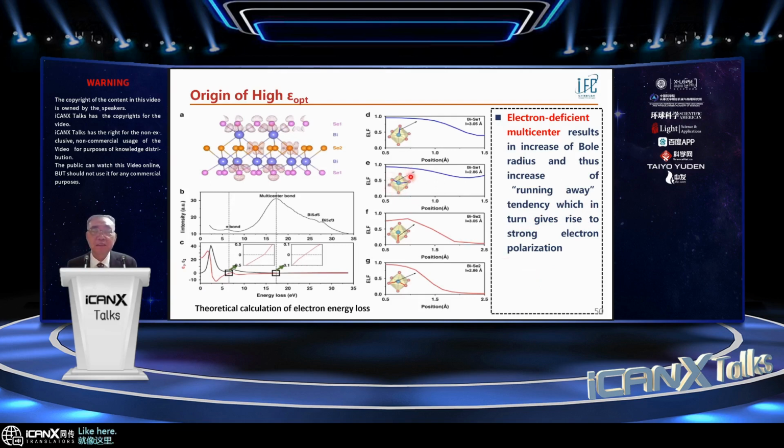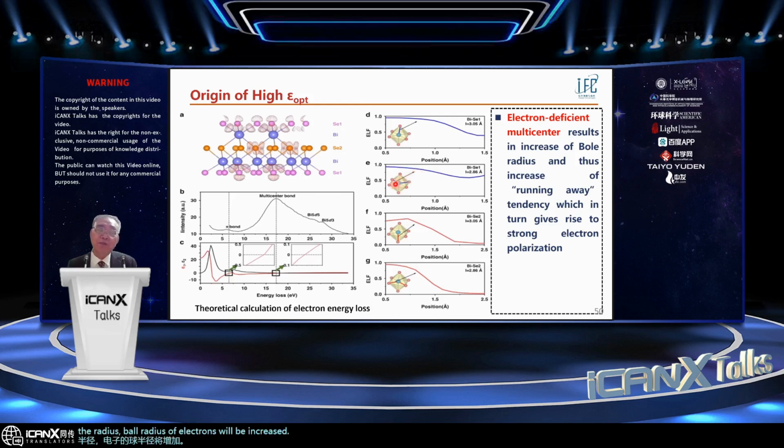Like here, this is an octahedron, and each of these atoms we call a center. But because of this lack of electrons, we call it electron deficient. Therefore, these electrons will try to take care of all the atoms, so the Bohr radius of the electrons will be increased.